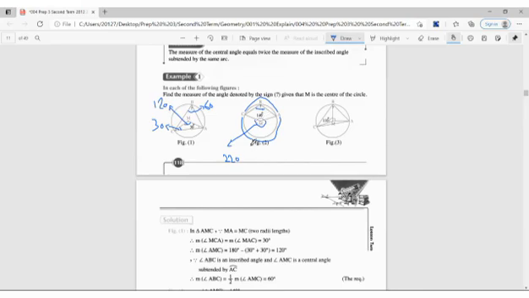Because we know that the reflex angle is between 180 degrees and 360 degrees, and the number 220 is between 180 and 360. So the reflex angle AMC, which is the central angle also, is subtended by the same arc as the inscribed angle ABC. So the measure of angle ABC is equal to half the measure of the reflex angle AMC, which equals 110.